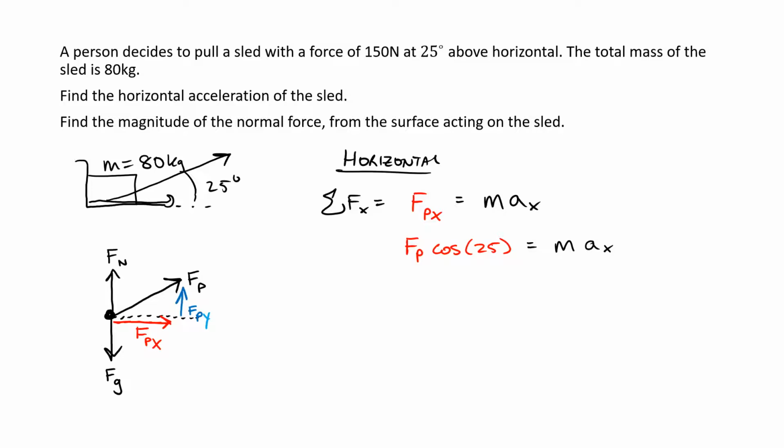And that equals 150 times cosine 25 equals, I'm just going to put the mass in as well. You see, I have everything now except for that horizontal acceleration, so I can solve for that. I don't have a calculator up here, so let me know when you find it. 1.699.